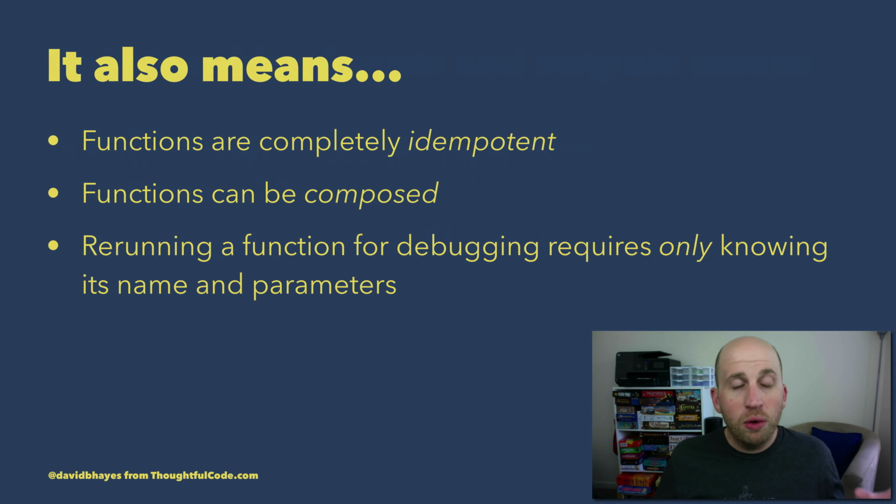So basically, what's really beautiful about a pure functional programming system is that you can rerun any function, and so long as you know just what it was called and what it was called with, you can find out its error cases. You can find out why that value was wrong, because all you need to debug is that.